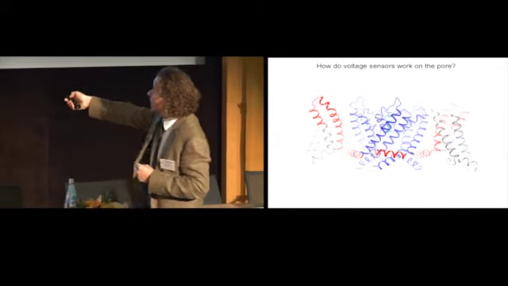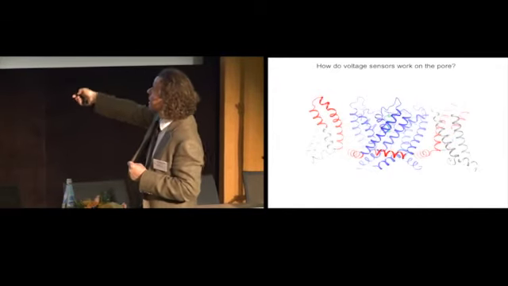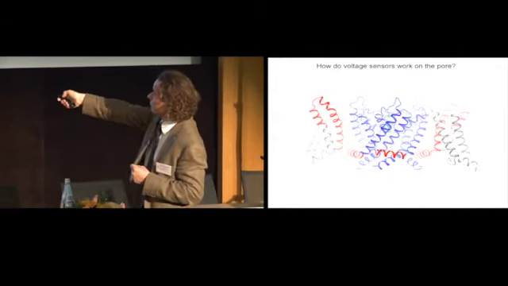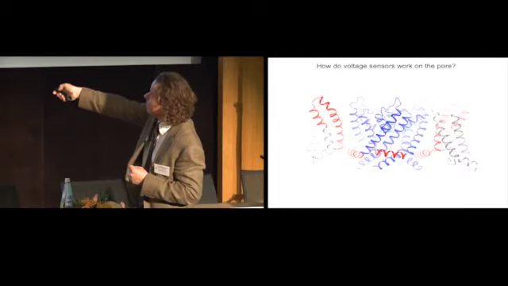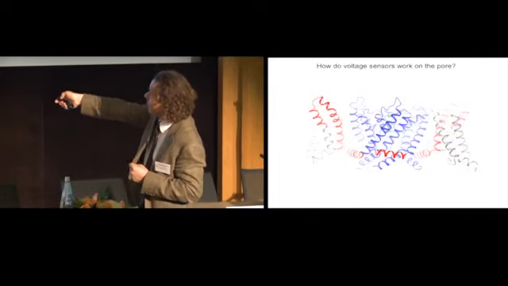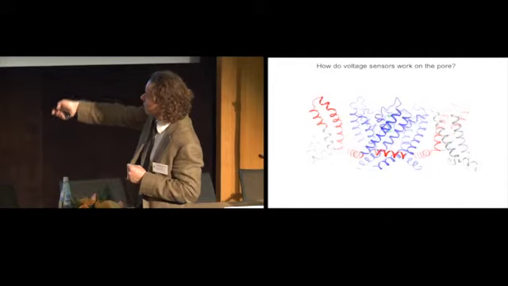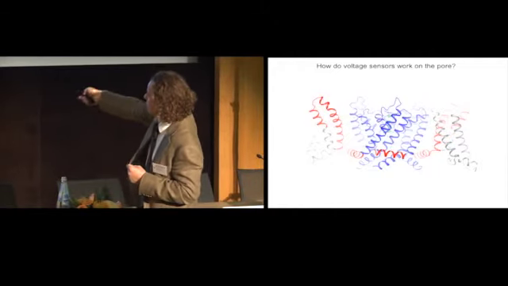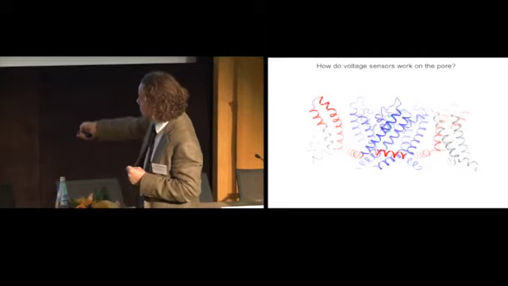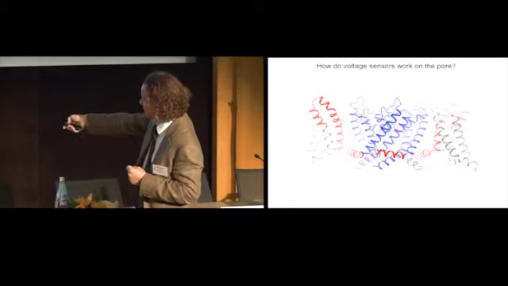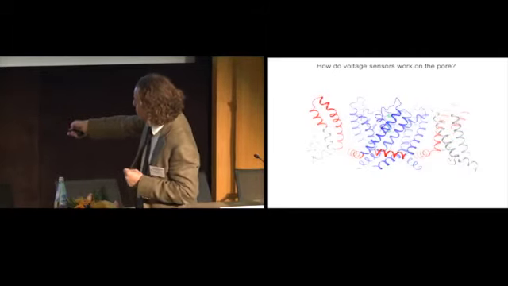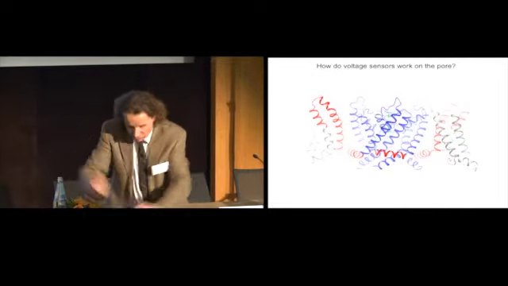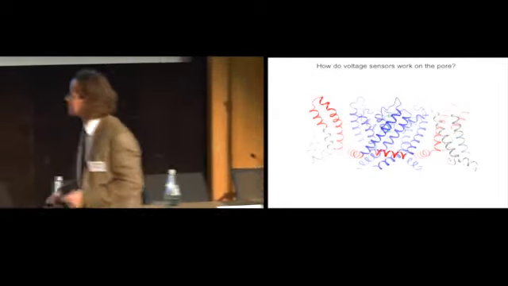But you can already see here in it the principle of how this is going to work, because this positively charged unit can move this lever and close the pore this way. I say this is hypothetical, but this is based on the closed pore structure of other potassium channels. And presumably these little levers push down and cause the pore to close.